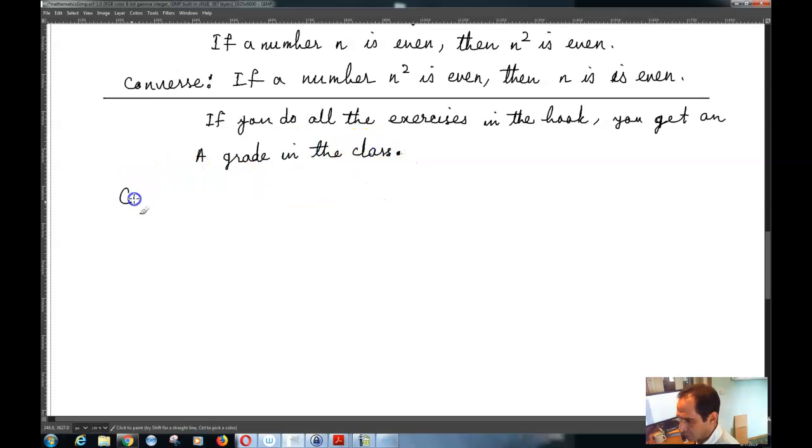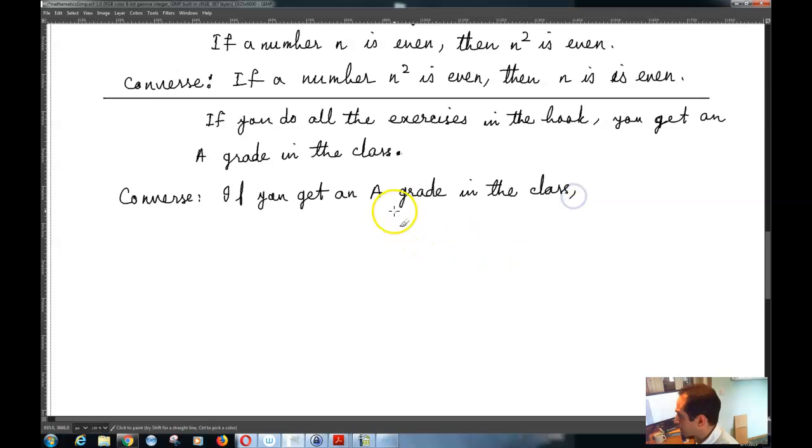And the converse of this is going to be: if you get an A grade in the class, then you have done all the exercises of the book.